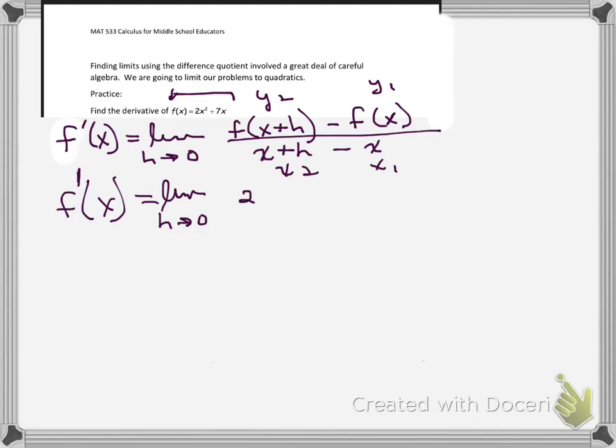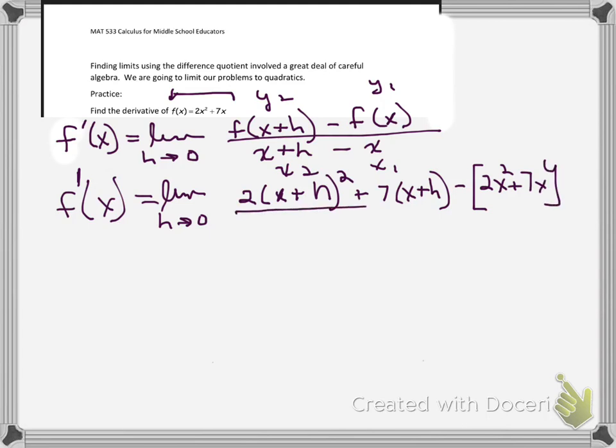So this is what I'm writing: 2 times x plus h, squared, plus 7 times x plus h, and then minus, I'm going to use my bracket, 2x squared plus 7x, all over x plus h minus x.